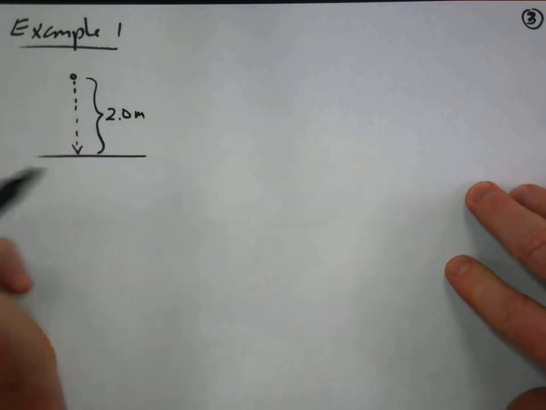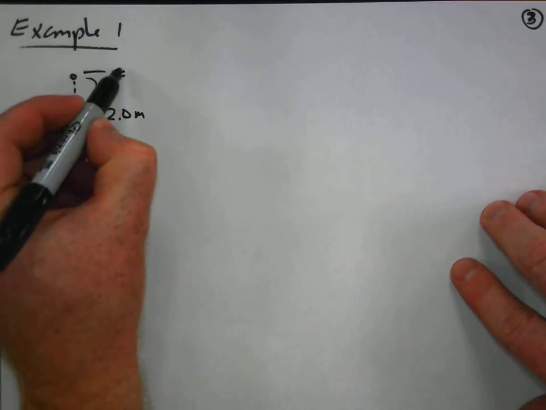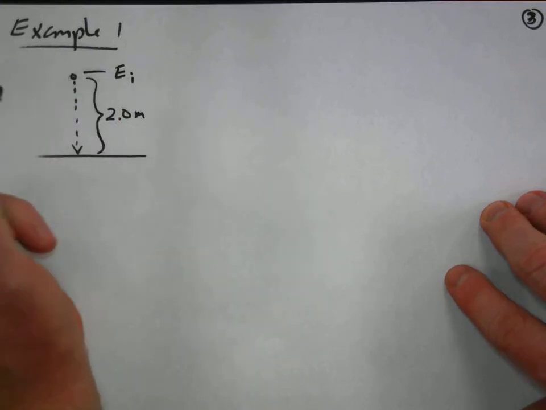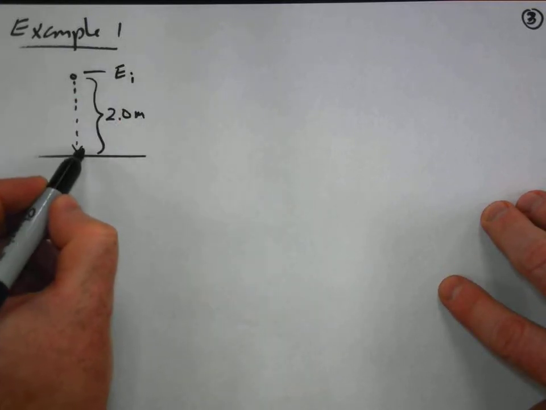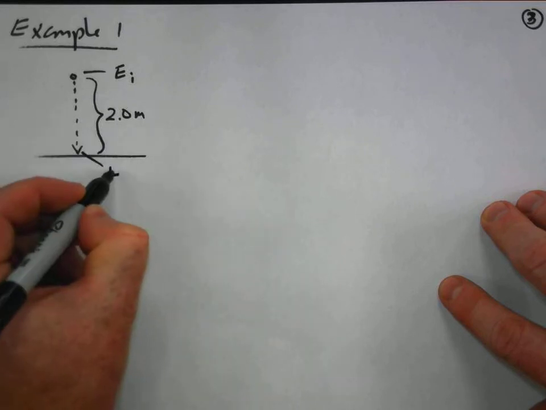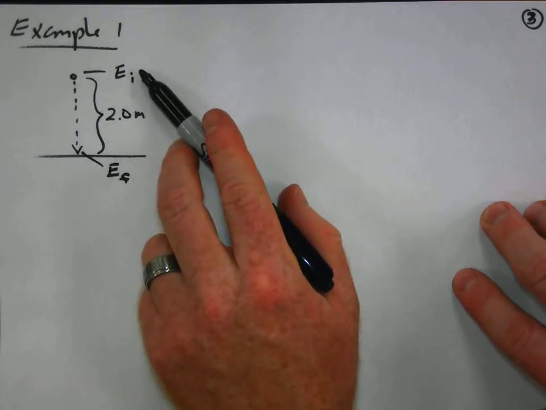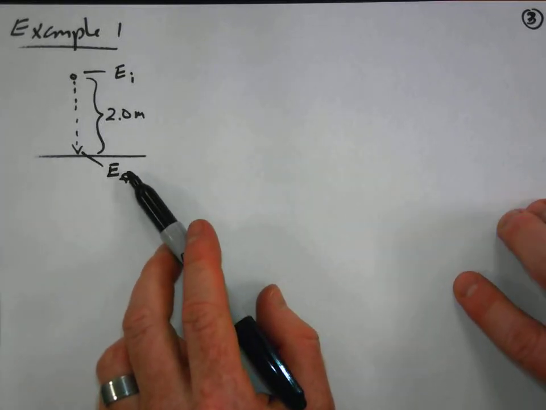There's our 2 meters. Right here, there is an amount of mechanical energy that the ball has initially. And down here, just before it hits, there is an amount of mechanical energy the ball has just before it hits. So there's an initial mechanical energy and a final mechanical energy.